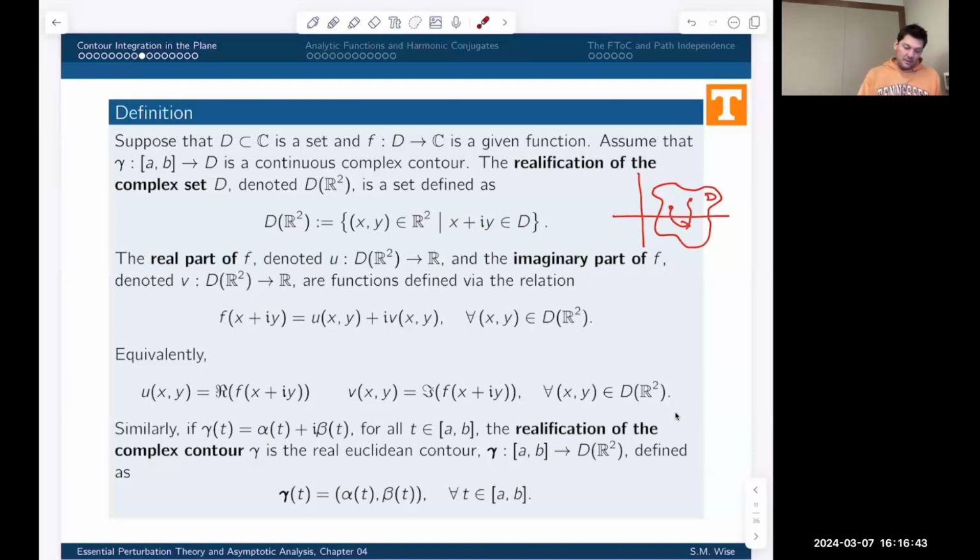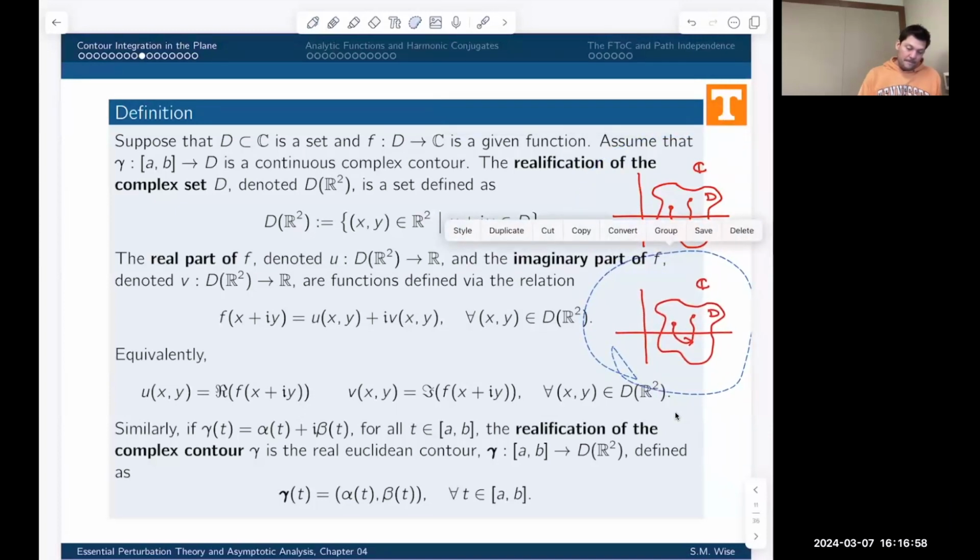This set here lives in the complex plane, and we have another set that is now exactly the same by the magic of copying, which lives in R2. This set here is not called D anymore. We're going to call it D of R2.